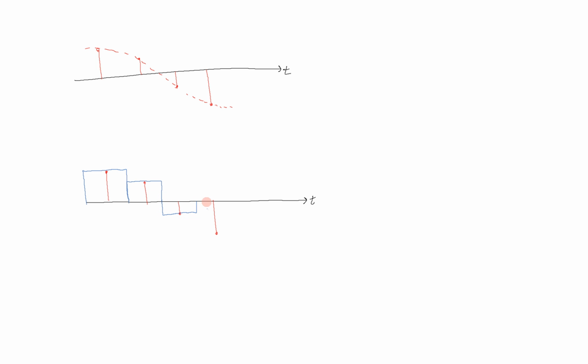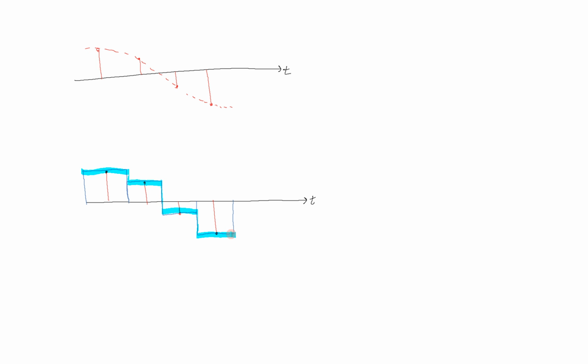Then a box like this and a box like that, and so on. And our reconstructed continuous time signal then is going to be this signal highlighted in blue. It's a discontinuous signal, but it remains steady at the sample values.